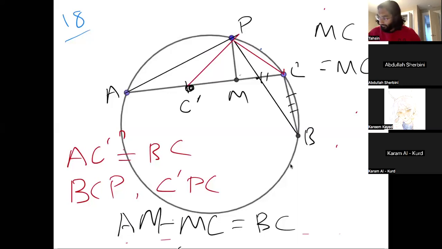let's see which angles would have to be equal. So this is where it helps to have a good picture. In the picture, do they look equal? Yeah.